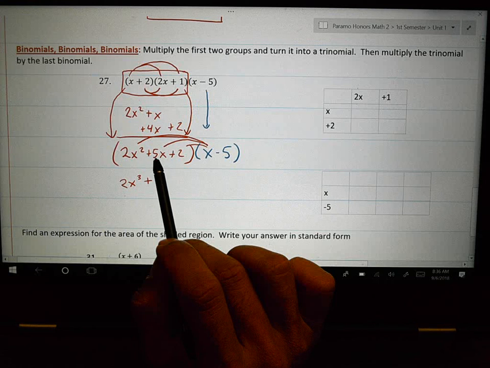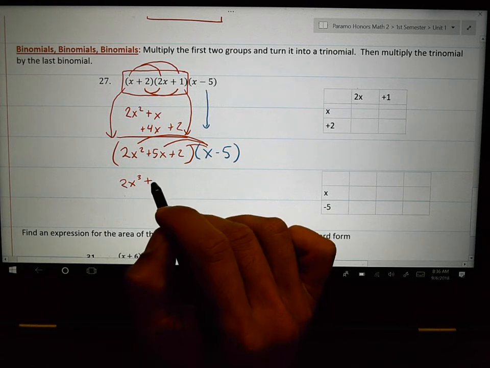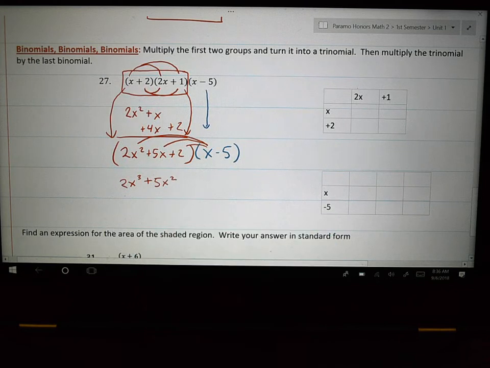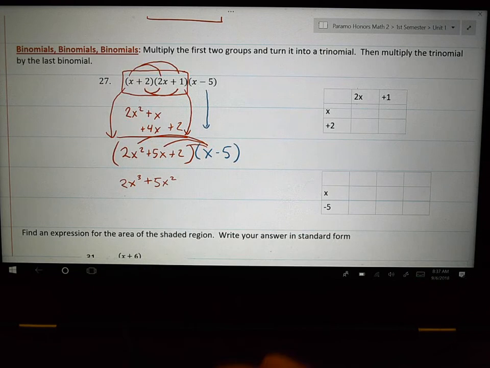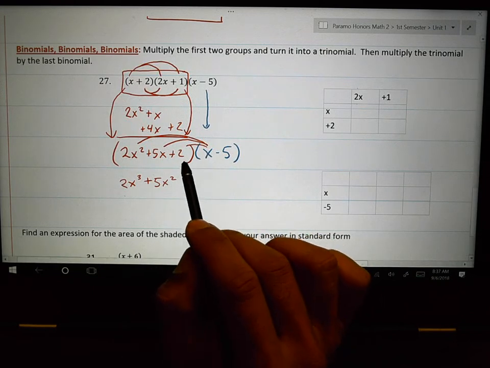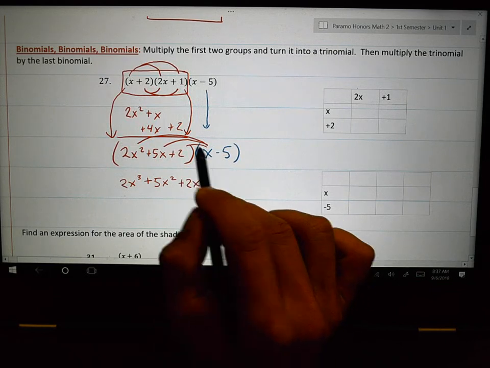The x times 5x is what? For those of you who said 5x squared, you are correct because 5 times 1 is 5. X times x is x squared. X times the 2 is what? Say it out loud. 2x. Good. That's our first piece.